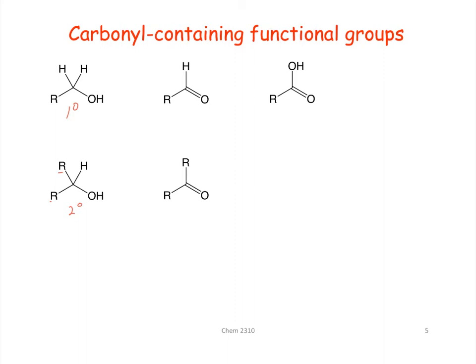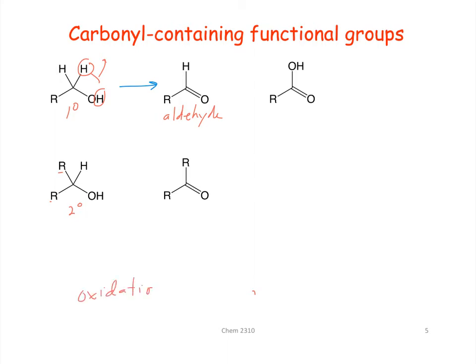Alright, so if we convert that primary alcohol to this functional group over here, this is called an aldehyde. What have we done? Right? What we've done here is we've removed these two hydrogens. And when we remove hydrogens, in organic chemistry, we call it an oxidation.